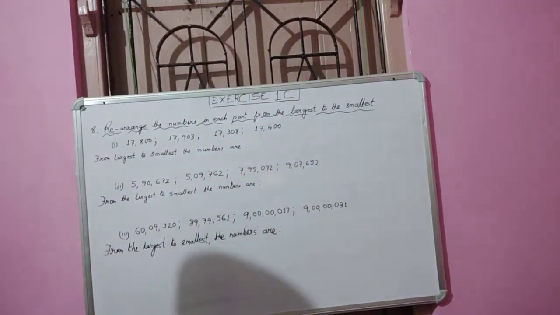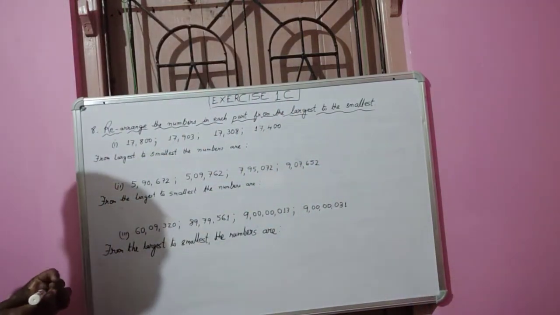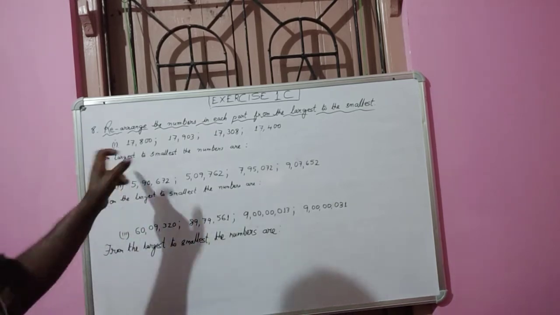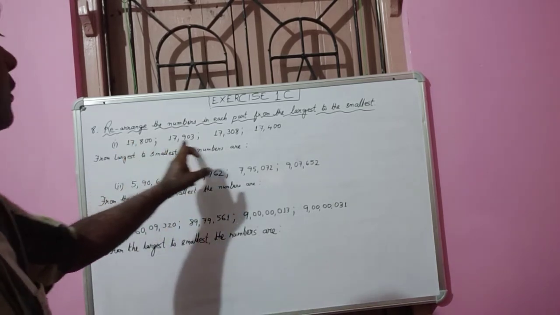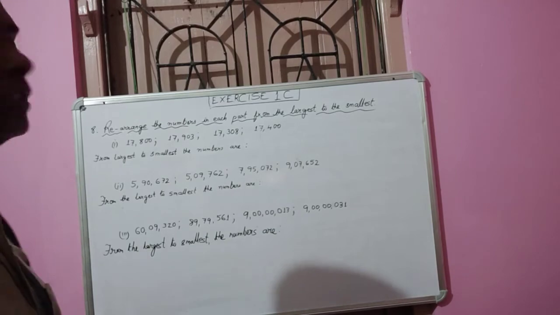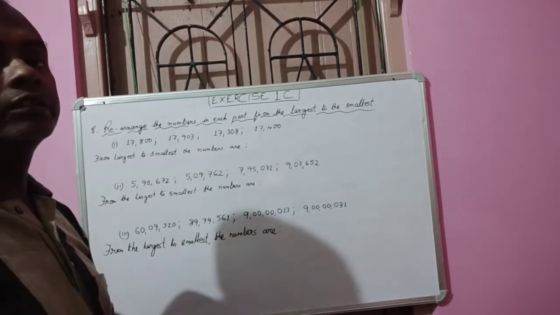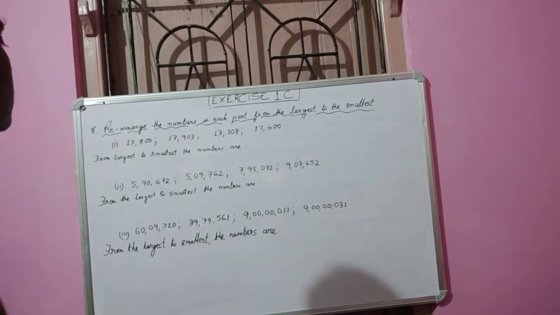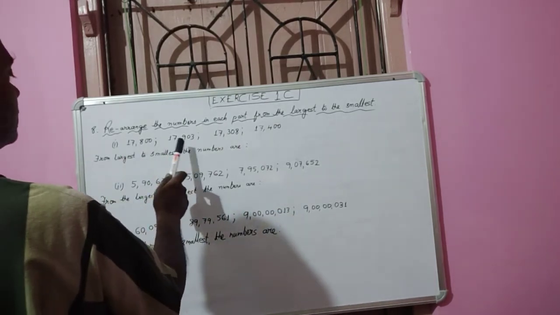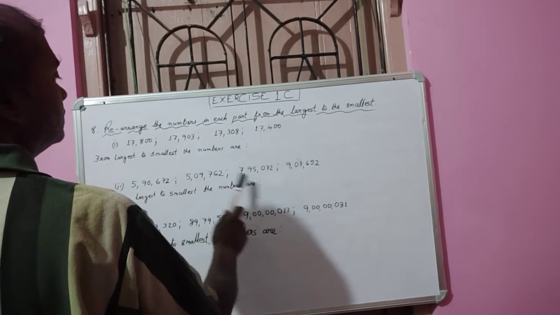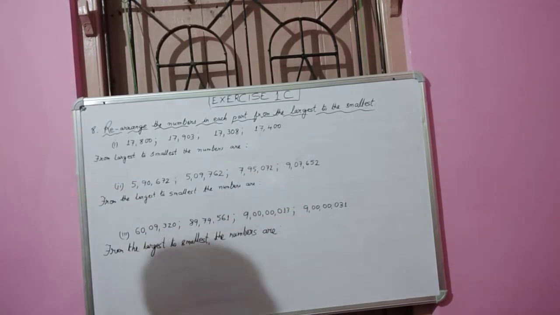Descending order. So these are the numbers here. All the four numbers have 17 in the thousands group: 17,800, 17,903, 17,300, 17,400.